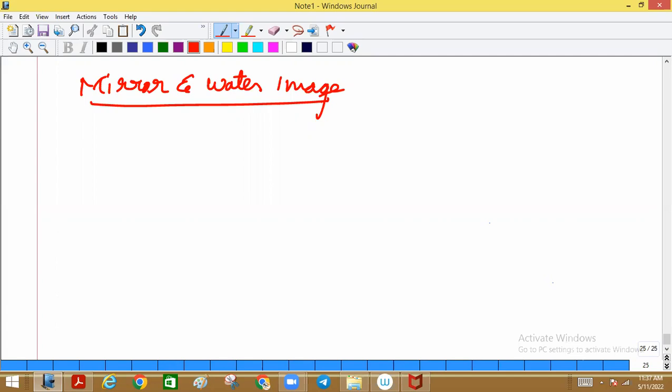It is the opposite of the original image. Let's say you take any figure, for example something like this.